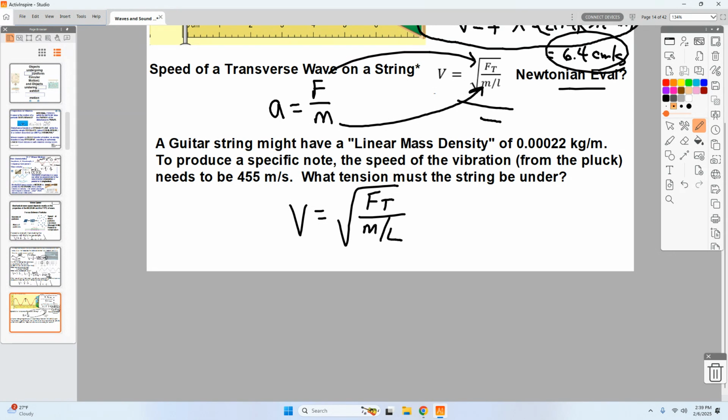I'm going to square both sides. So when I square both sides, I get that relationship. I'm looking for the tension force, so at this point it just becomes an algebraic manipulation here. The tension force would be equal to V squared multiplied by a mass per unit length quantity.